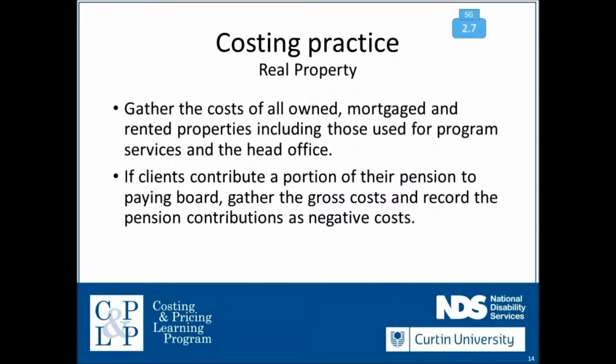Let's have a look now at real property or real estate in terms of the costs associated with delivering services. Remembering a lot of real estate in the disability services sector often relates to head offices and what we call fixed overhead costs, so those costs associated with staff, central administration and so on.